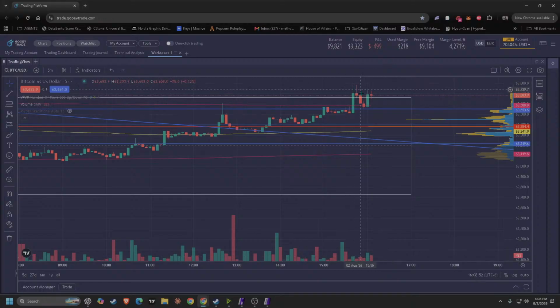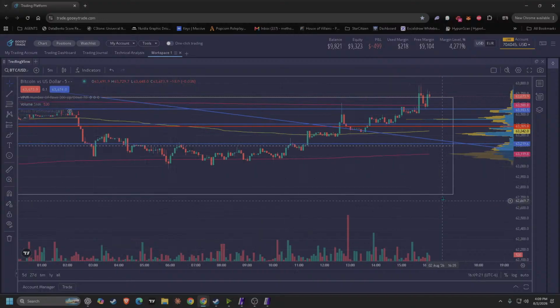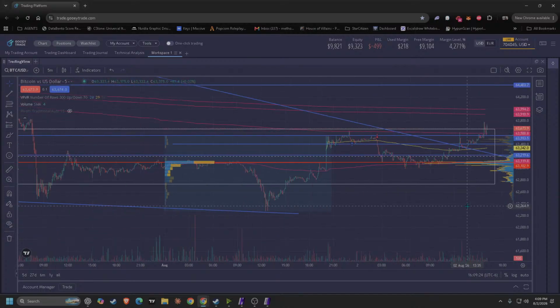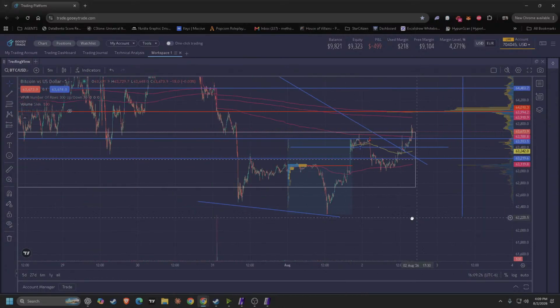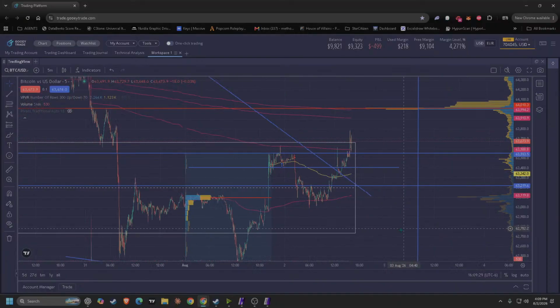And then we had the breakout. Then we retested the high volume candle. Well, we retested, sorry, this range that it broke out of right here. Came back into it and then left. Okay, so this was a better view.